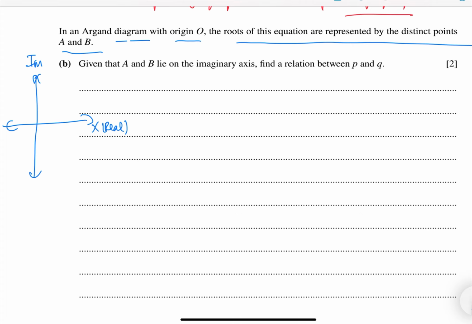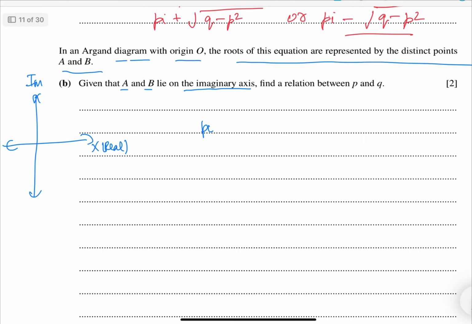They are saying that given that A and B lie on the imaginary axis, first of all the roots were pi plus square root of q minus p square, and I can put a minus over here. So these were the two roots. This is the imaginary part because iota is there.